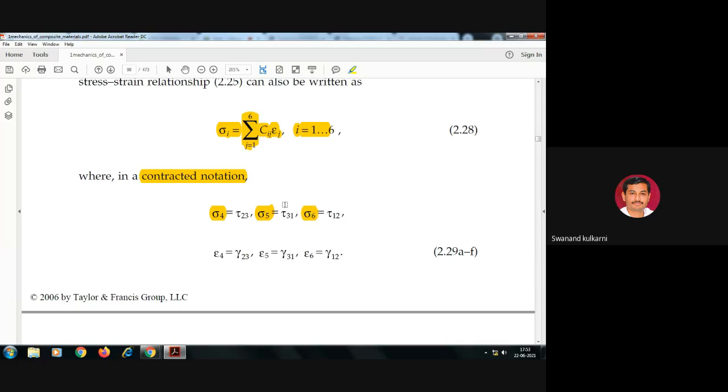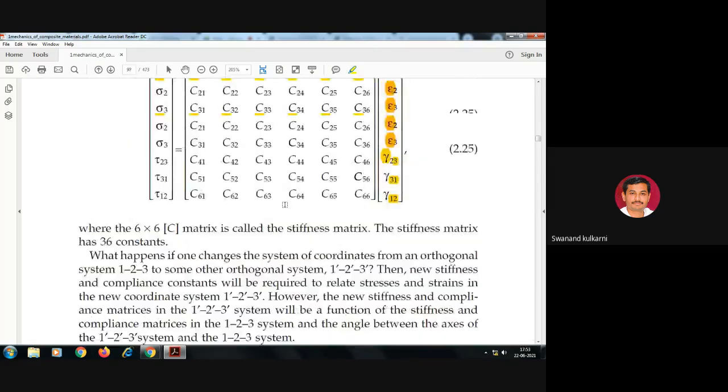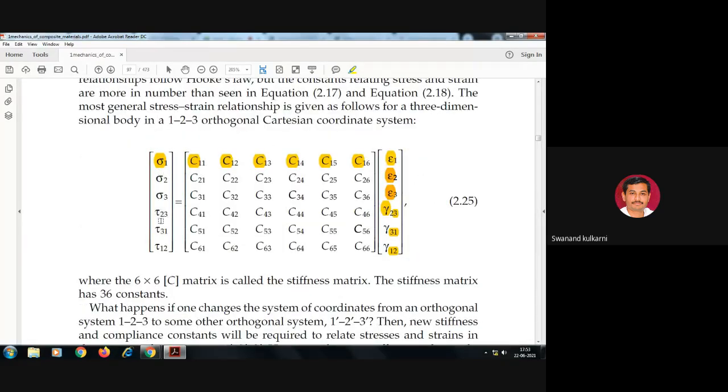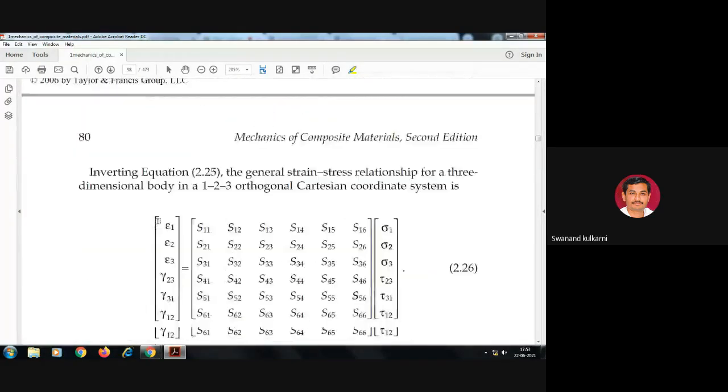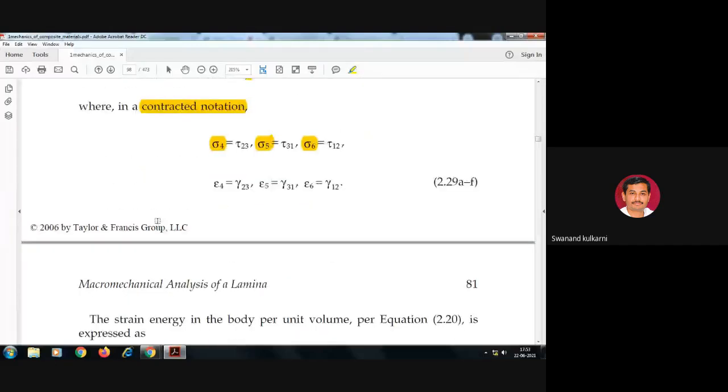Earlier whenever we used tau 23, tau 31, tau 12, those were the notations, but now we are going to change to contracted notations: sigma 4 in place of tau 23, sigma 5 in place of tau 31 and sigma 6 in place of tau 12.